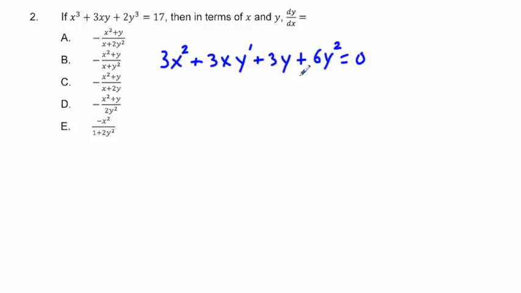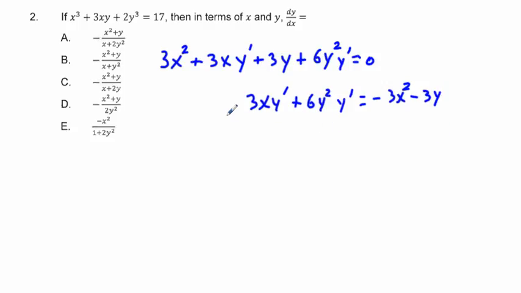I did forget something here, it's going to be 6y squared y prime equals 0. There we go. Any terms without y prime, we're going to shift over to the right side by subtracting them. So on the left side we have 3x y prime plus 6y squared y prime is equal to negative 3x squared minus 3y.